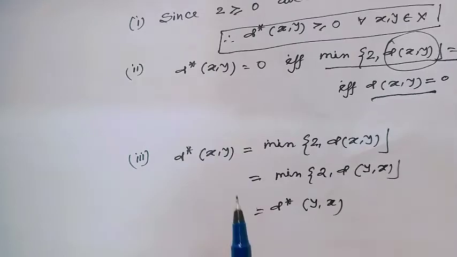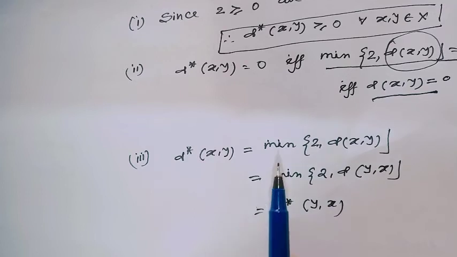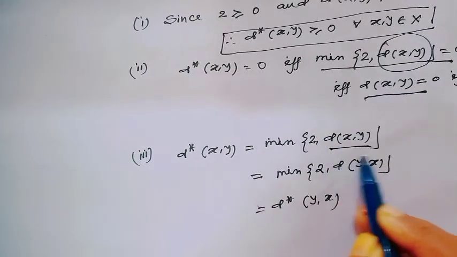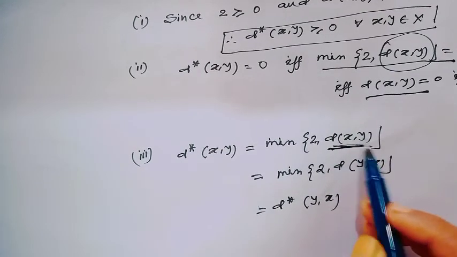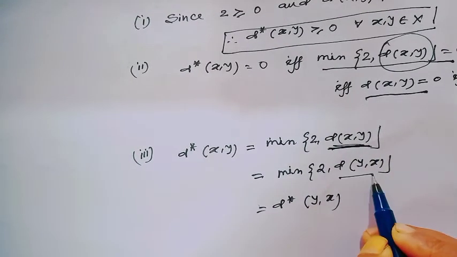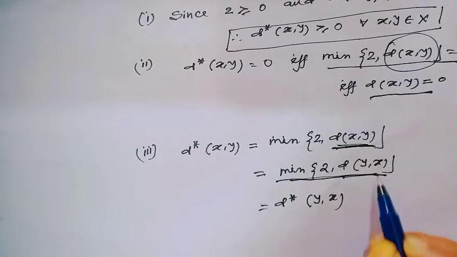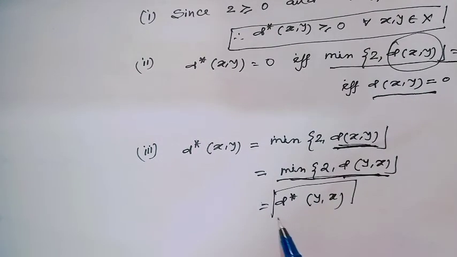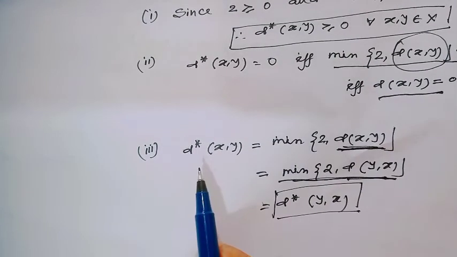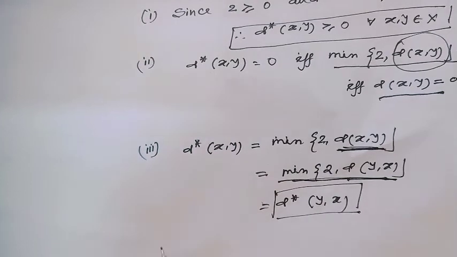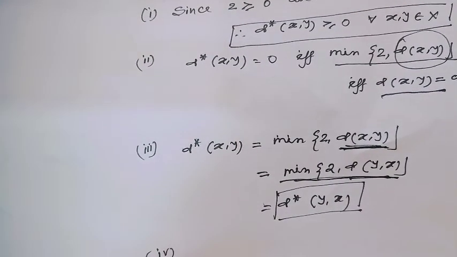Third condition, third property: D star xy equals the minimum of 2, D of xy. Since D is a metric, we can tell D of xy equals D of yx. And this by definition is nothing but D star yx. That means the third, symmetry property has also been satisfied. Now we have to prove the triangle inequality.